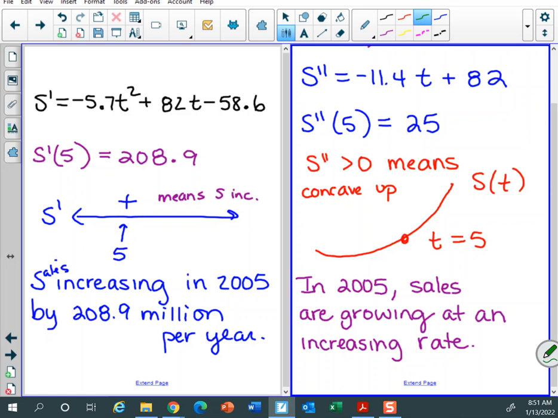Typically, when we talk about a second derivative, we need to talk about what it means in correlation with the first derivative. The first derivative by itself tells us something. The second derivative all by itself gives us a piece of information, concave up. But what does concave up mean? Well, concave up with increasing means a certain thing.